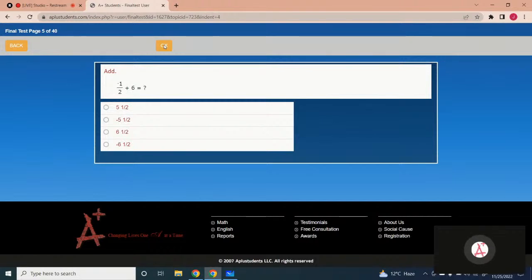When you subtract half from 6, it would be 5.5, isn't it? Got it? So just select the correct option and click on the OK button.